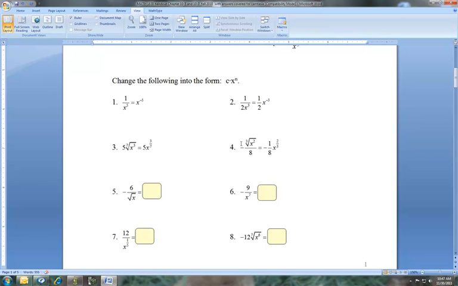So that's how this would be rewritten, where I have my coefficient times x raised to an exponent. This one, remember, you might have to do a two-step process, or if you can think your way through it, same thing. First, square root of x is x to the 1/2. I need to move that up, so this should be negative 6 times x to the negative 1/2.